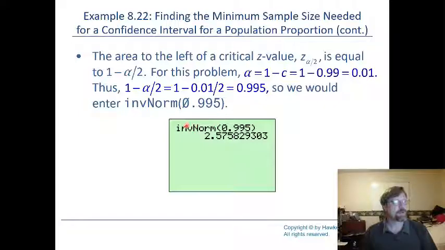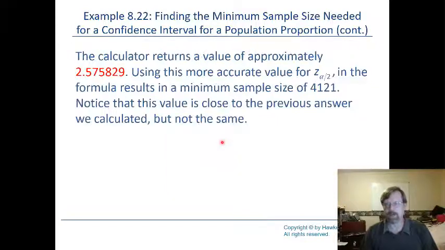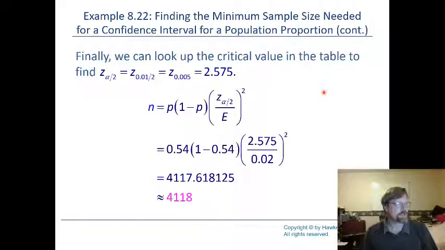Look up inverse normal for 0.995, and that will spit out the critical z-score associated with 0.995. If we use that z-score value with the same equation, we get 4121. Previous answer was 4118, so it's very close.